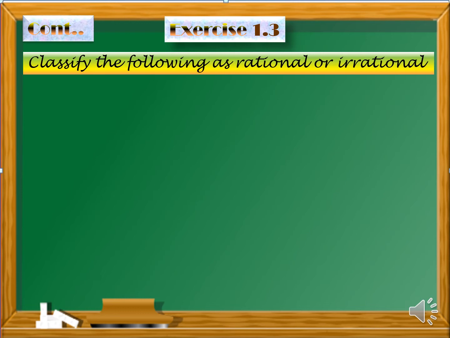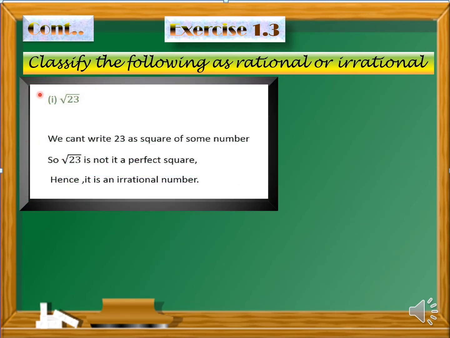Let's see the first subdivision of the ninth question. Here we go. First question, root 23. We can check whether 23 can be written as the square of some number. Any number in root form is either rational or irrational. For example, root 4 is rational. Why?